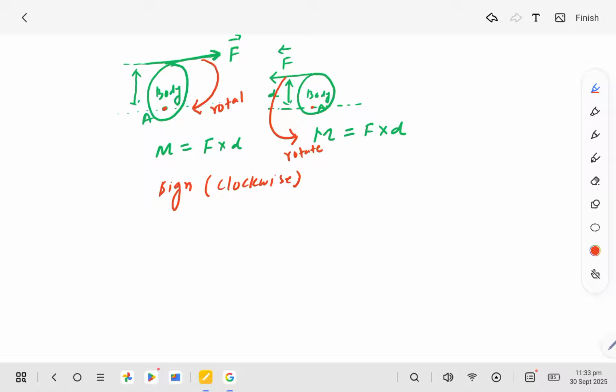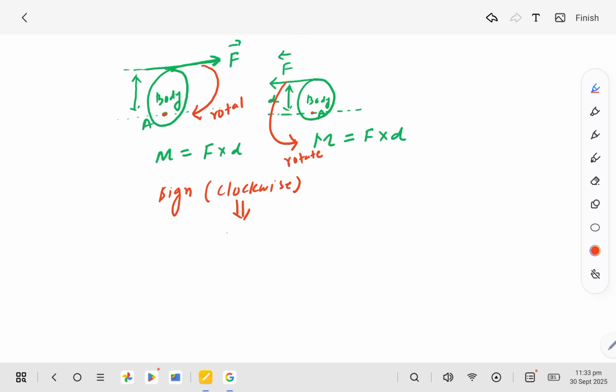This force rotates the body in clockwise direction, so for the clockwise we use the negative sign, and this moment will rotate the body in anti-clockwise direction, and for the anti-clockwise direction we use the positive sign to represent the moment of forces.